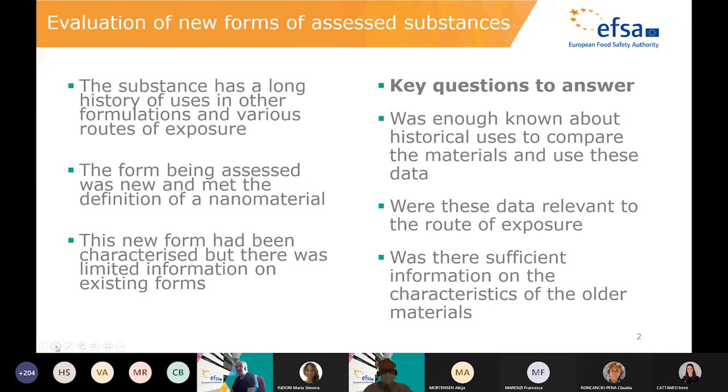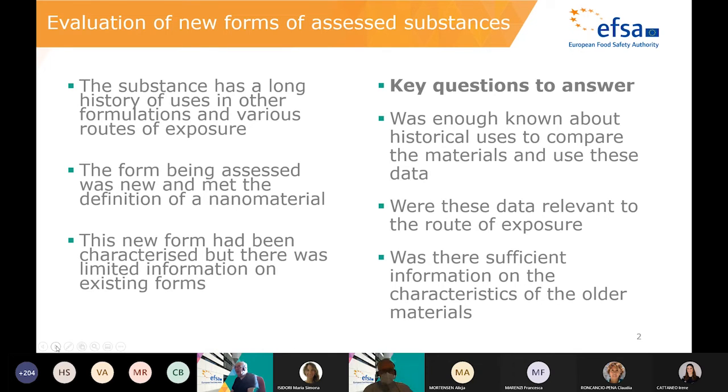So if we talk about examples, if we evaluate a new form of an assessed substance, the substances have a long history of use in other formulations and various routes of exposure. However, the question asked of EFSA was on a new form which met the definition of a nanomaterial.